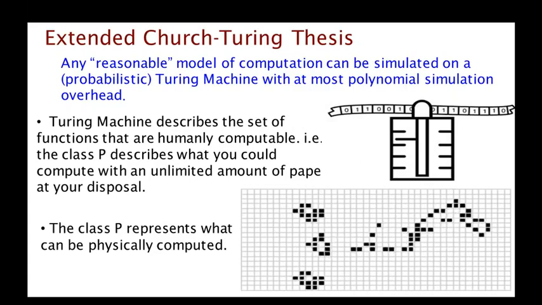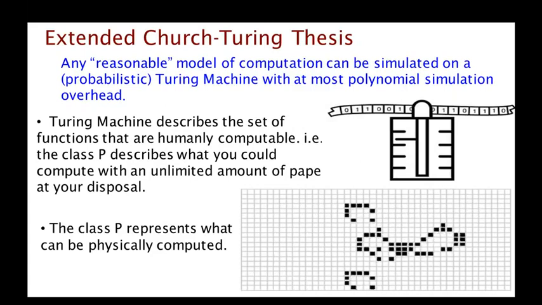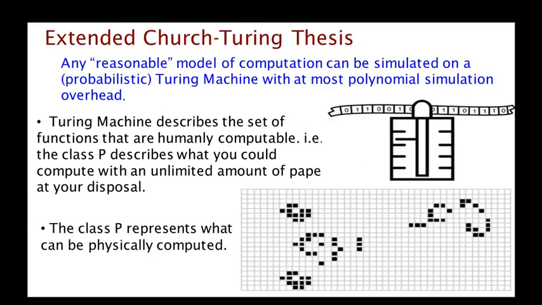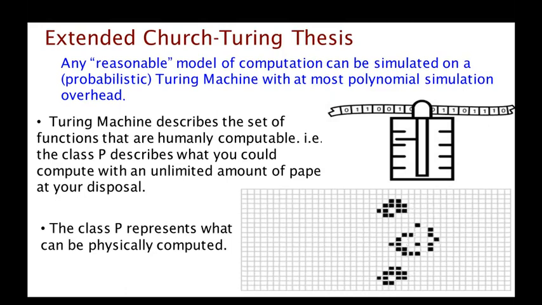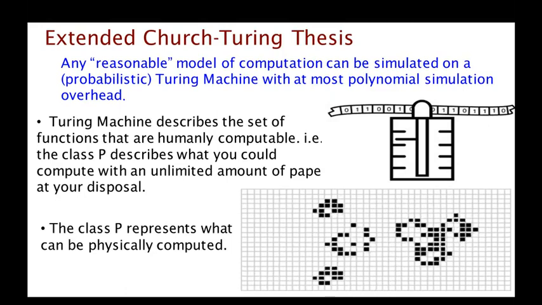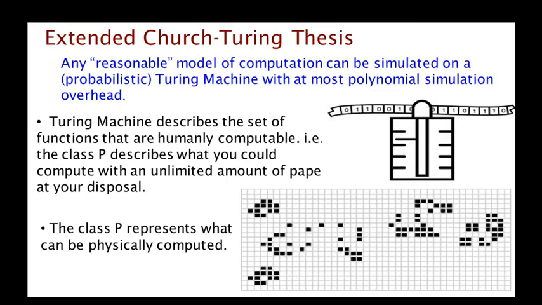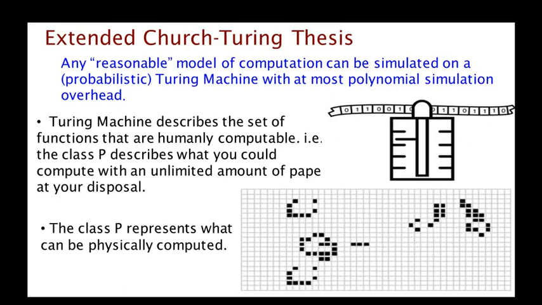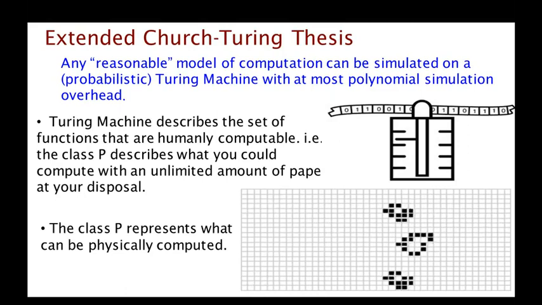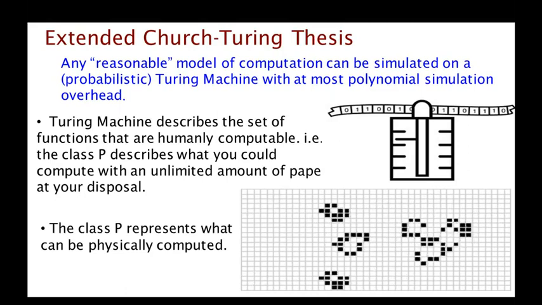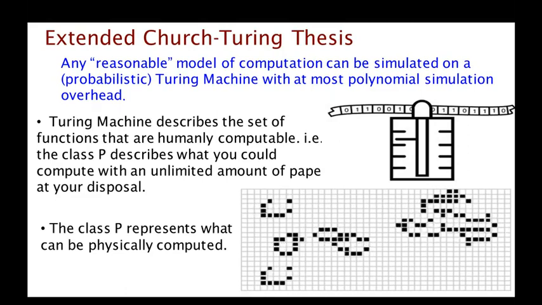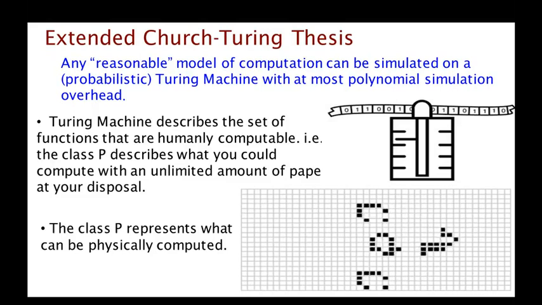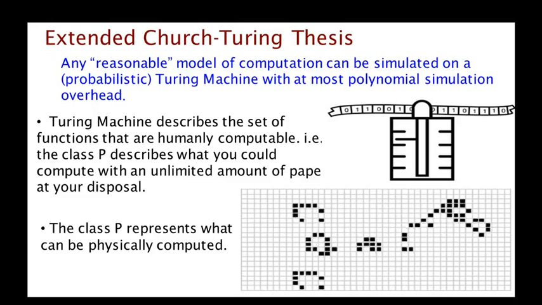Your running times will work out to being essentially the same, to within polynomial factors. So if you're talking about polynomial time computation, it's robust against changes in the model of computation. So this is another reason we like polynomial time, because it's a robust notion of running time.